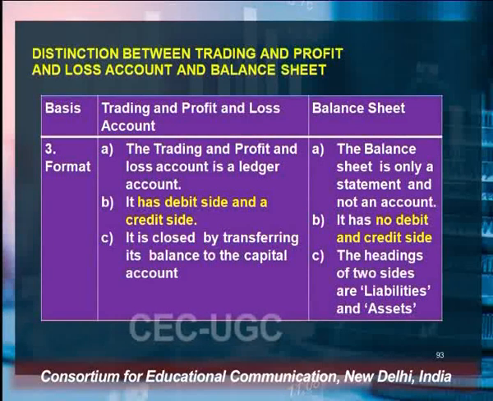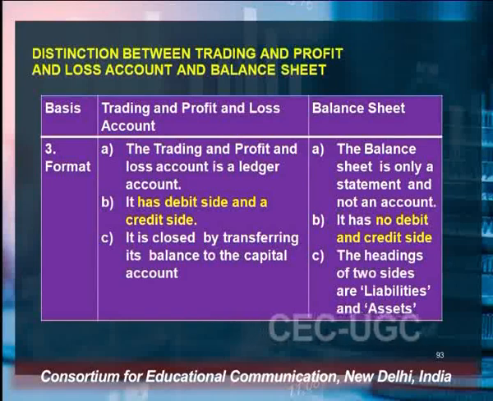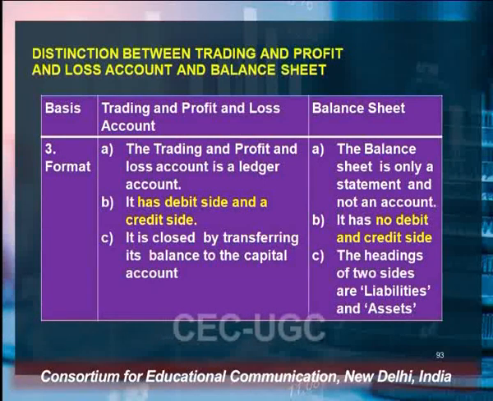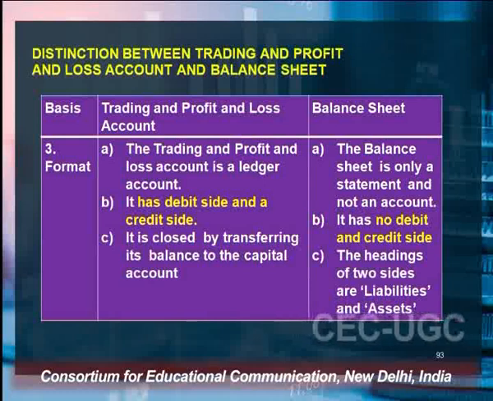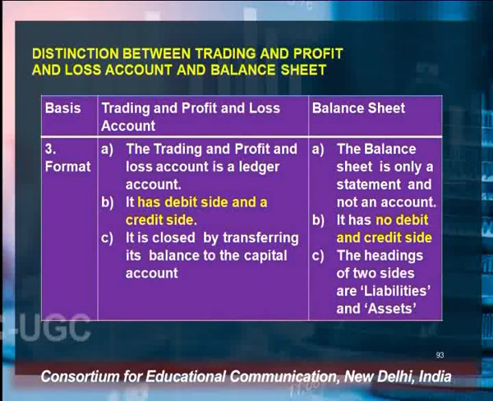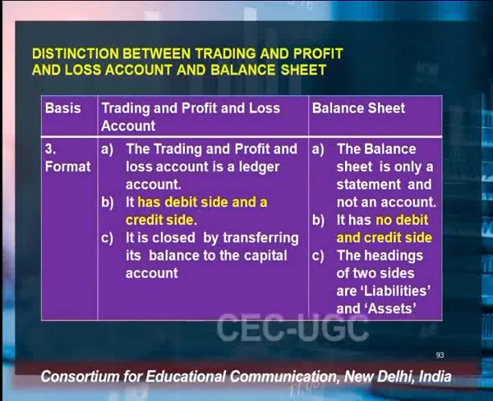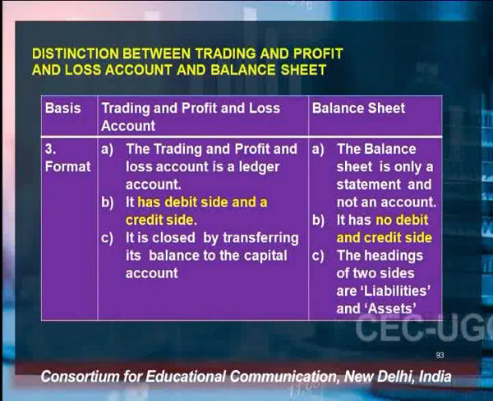For example, if there is a net profit or a net loss, that balance is transferred to the capital account, and this capital account is shown in the balance sheet. If there is a net profit, then this net profit would be added to the capital, and if there is a net loss in this profit and loss account, then this net loss will be deducted from the capital account.